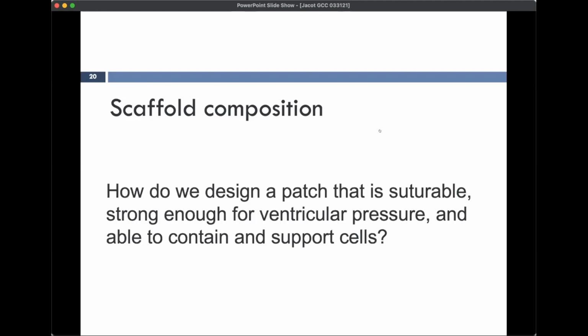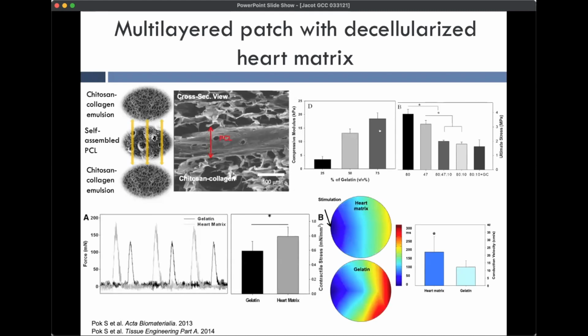So the first couple slides are showing our initial studies looking really in vitro at how we can best make something using both natural materials and using supporting layers that can have the right mechanics, not just for a slide, but for a patch, for something that can completely replace a ventricular wall, or be in place of myocardial tissue, and what really has effects on these.